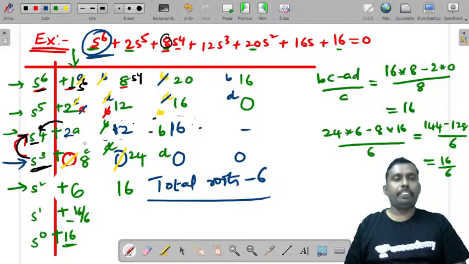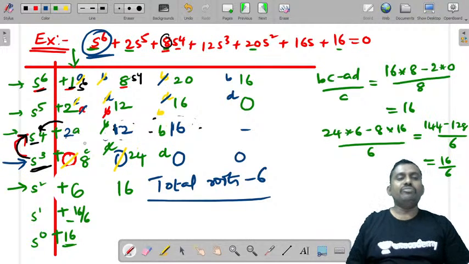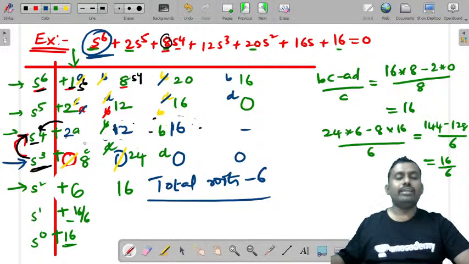But although if you get the first column elements as completely positive, we cannot say yet whether the system is a marginally stable system or an unstable system. If there are sign changes in the first column, we can say there are roots on the right half, and based on the number of sign changes, we can say it is an unstable system. If all the first column elements of a routh array are positive and there is an all-zeros row, we need to find whether roots are repeated on the imaginary axis.